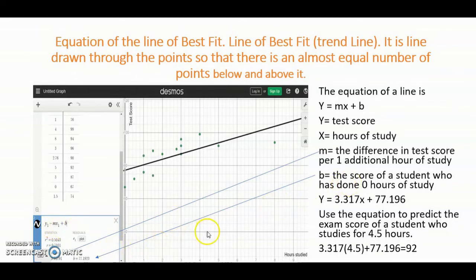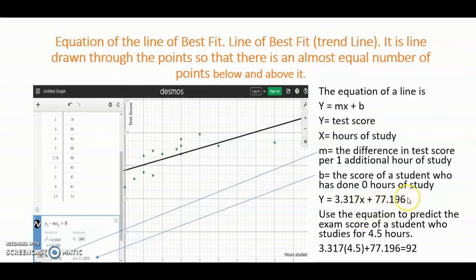Next, all that we need to do is substitute these numbers for m and b to give us y equals 3.317x plus 77.196, which simply means that the test score of a student can be predicted by multiplying 3.317 times the number of hours of study plus 77.196.